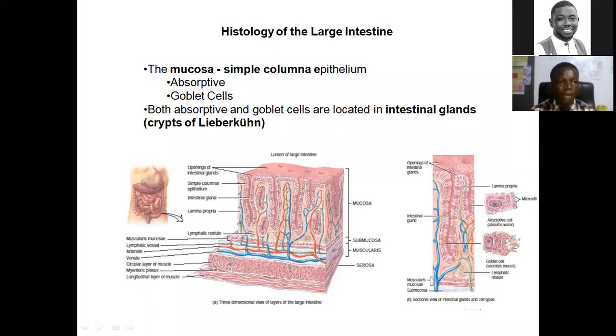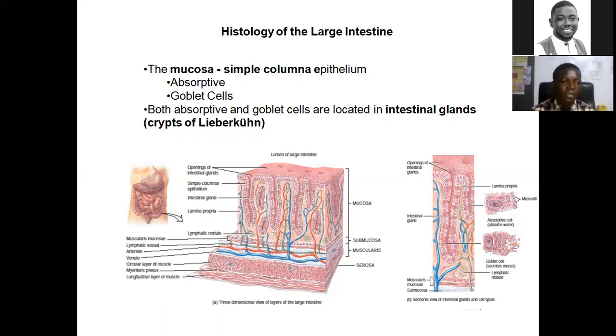Here again, they are usually responsible for the absorption of water within the large intestines. Just that if you look at the surface of the large intestines, it is not like the smaller intestines, because the smaller intestines are made up of villi that give a larger surface area for absorption to take place.